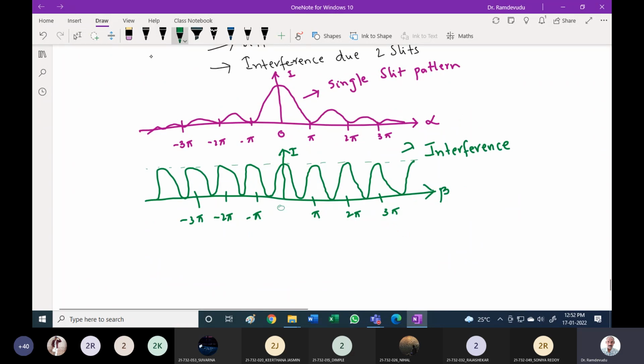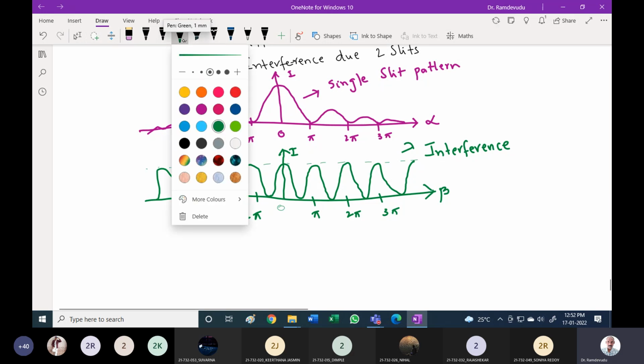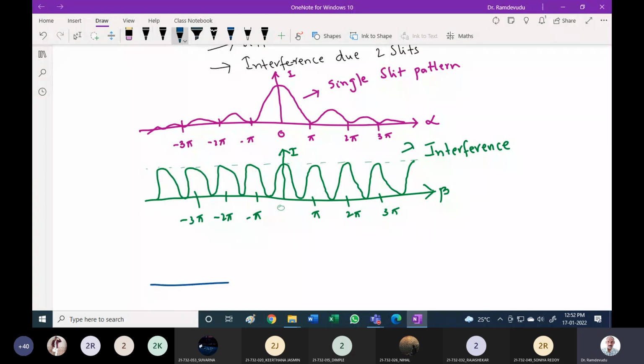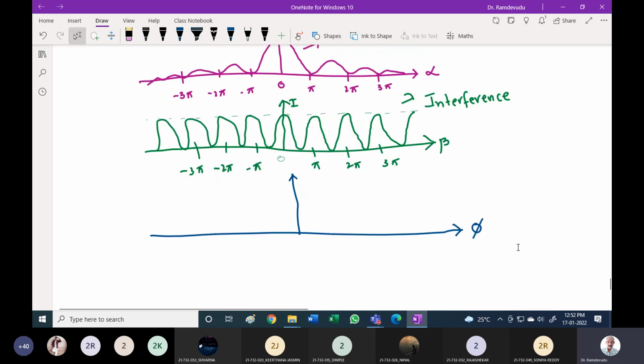Hence, the resultant intensity due to a double slit, I write here and show you something like this. I take here phi, the phase difference, and I take on this axis the intensity. In case of double slit, the intensity you can write directly.